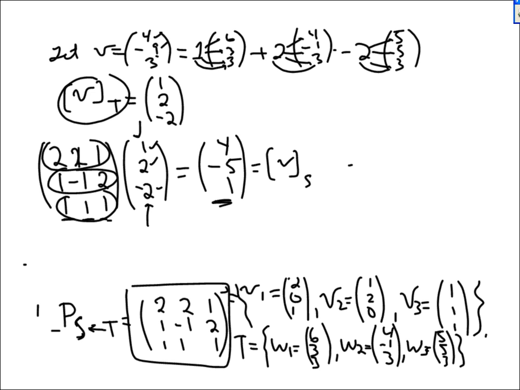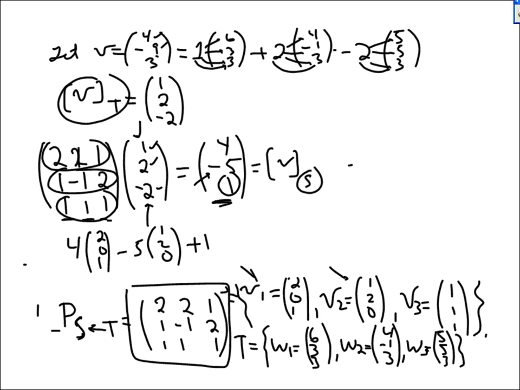Vector v with respect to s is 4 times the first vector in basis s, 4 times this, minus 5 times the second vector, 1, 2, 0, plus 1 times the third vector, 1, 1, 1.